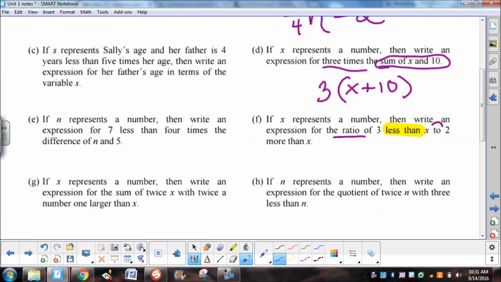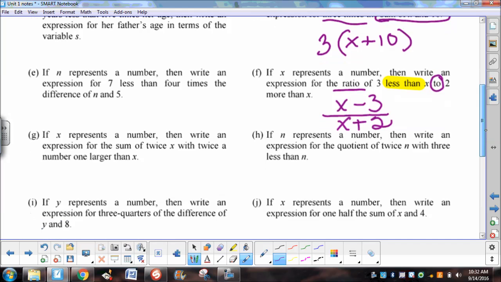So the 2 is going to indicate where the division is going to occur. My numerator is 3 less than x, and the denominator is 2 more than x. You could write 2 plus x, but I tend to write x plus 2. That's our standard form to put that variable first.